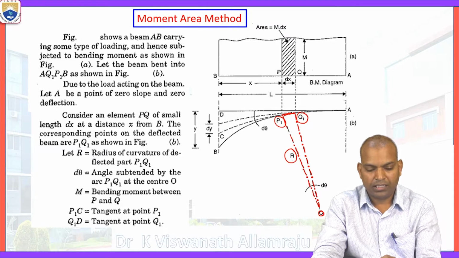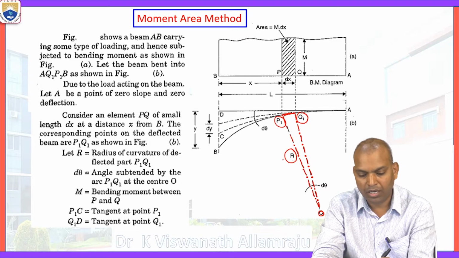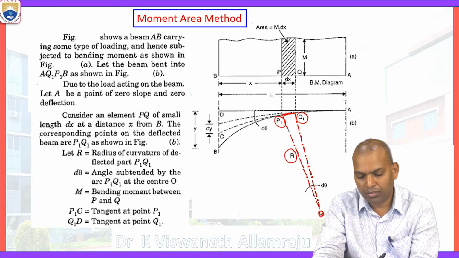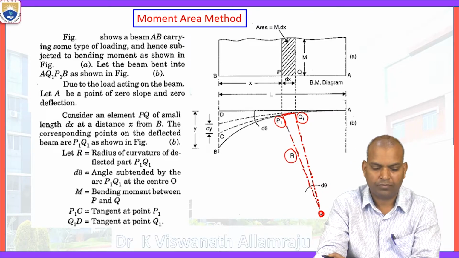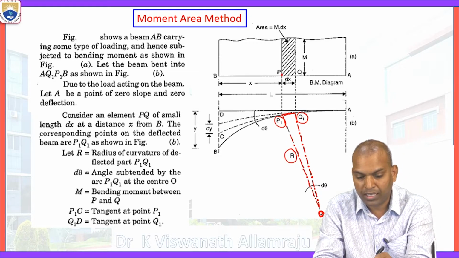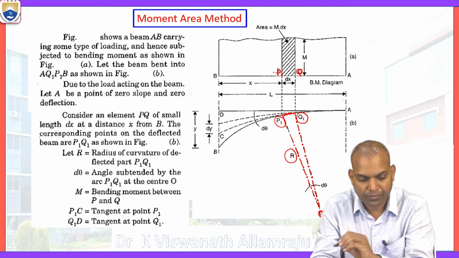Now what is d theta? The d theta is the angle subtended by the arc P1Q1 at the center O. What is M? M is the bending moment between the portion PQ.